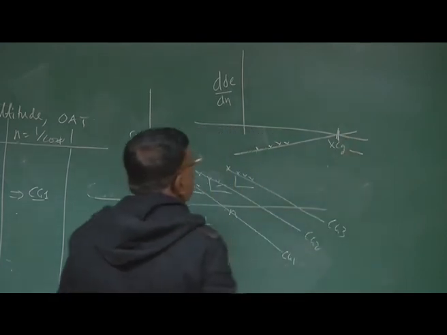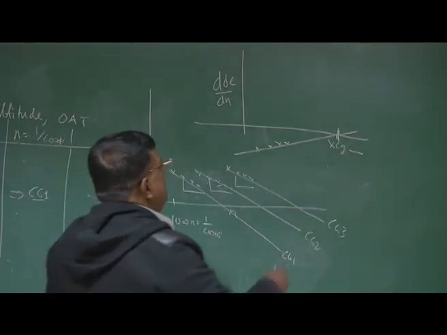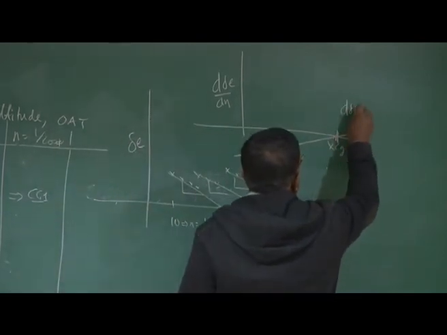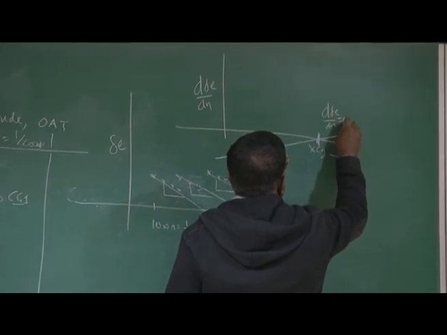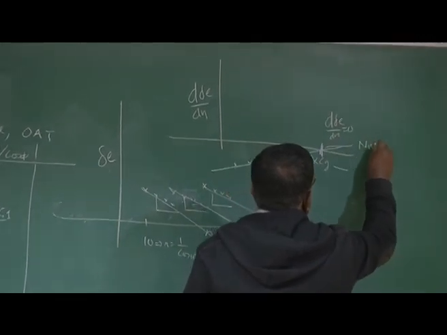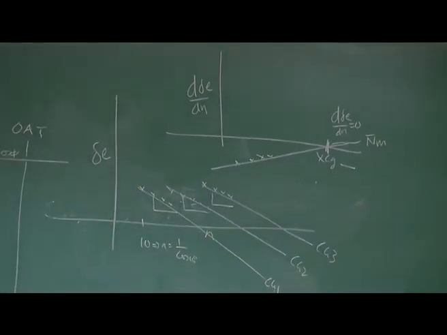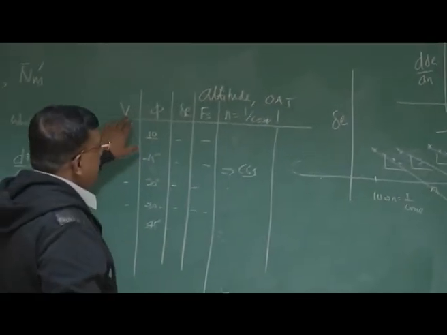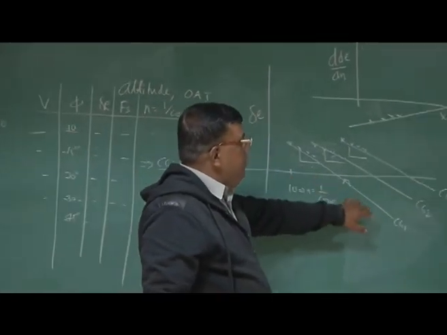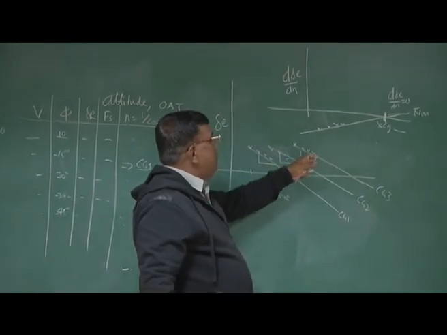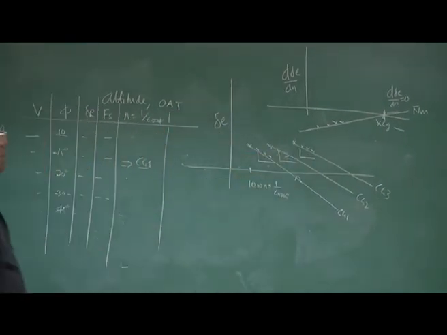So this is the CG location at which d delta E by dn equals 0. So this is nm, stick fixed maneuvering point. Clear? Delta E, n from 1 by cos phi. I plot it like this for different CG locations. Take the slope, cross plot, extrapolate, get stick fixed neutral point.